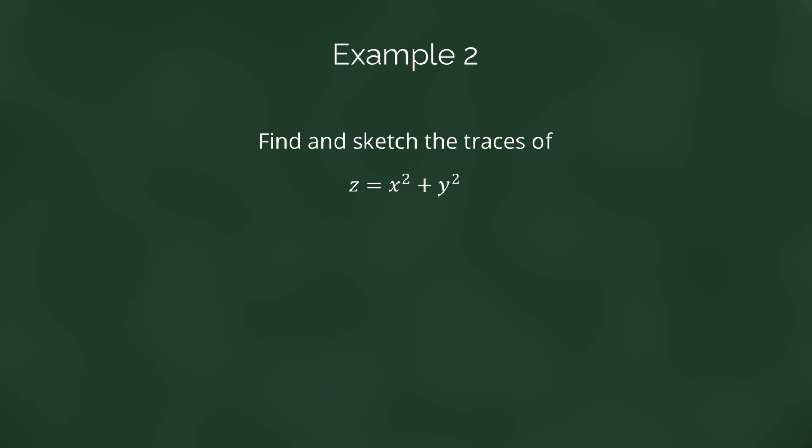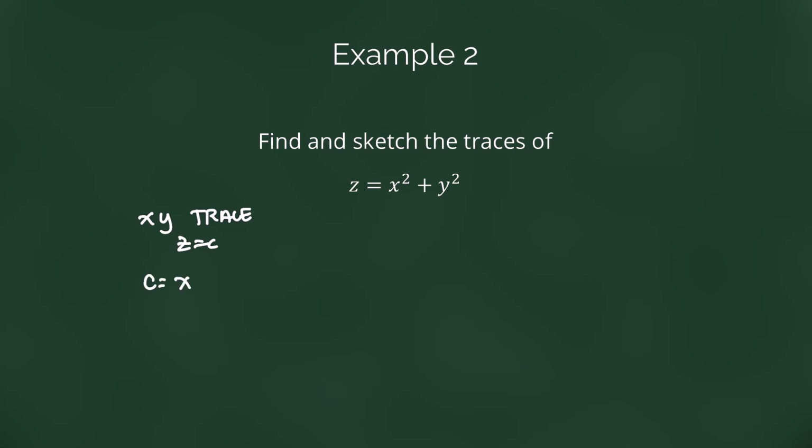In this example, we have a surface that is not a cylinder, and I know that because I've got x, y, and z all in this equation. We want to find and sketch the traces of this. So what we're going to do is imagine what would happen if we let z be some number, x be some number, and y be some number, and what would the shape look like in two-dimensional space. We'll do the xy trace first. The xy trace comes from letting z be some number c.